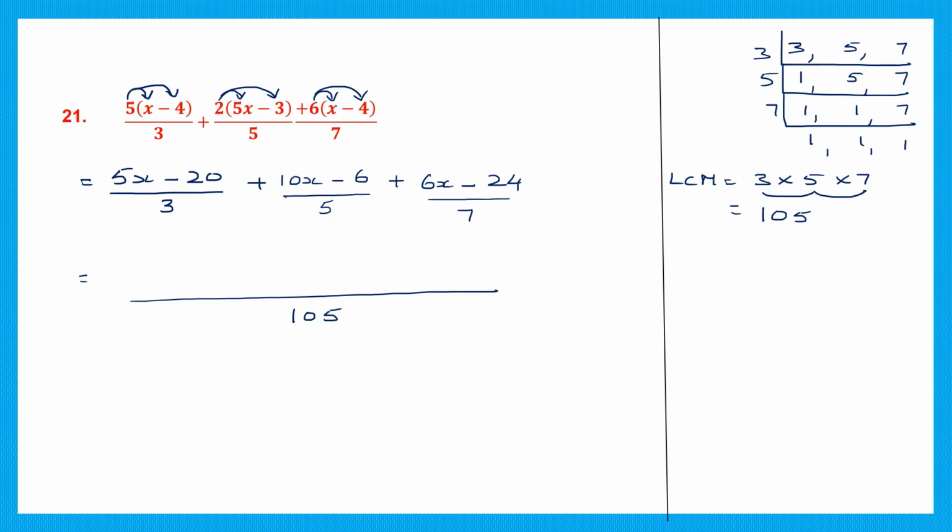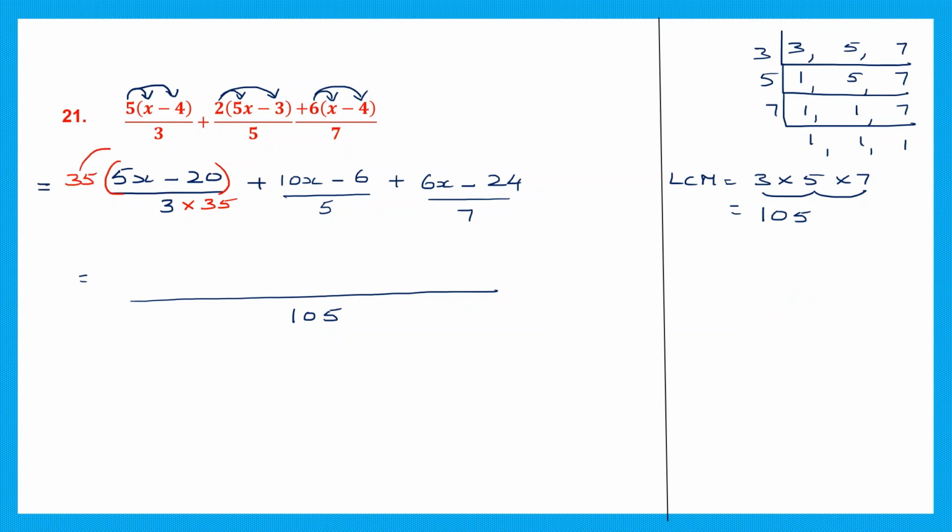Now 3 into how much is 105? So let's do that here. 105 divided by 3 will tell us 3 into how much. So 3 3s are 9, I have 1 left, so that's 15. 3 5s are 15. So 3 into 35 will give us 105. That means I must multiply this whole thing by 35.